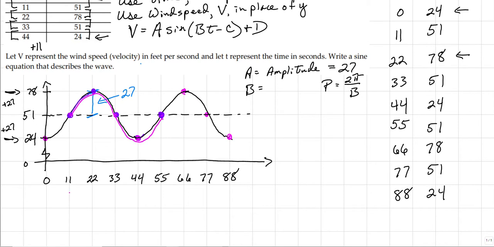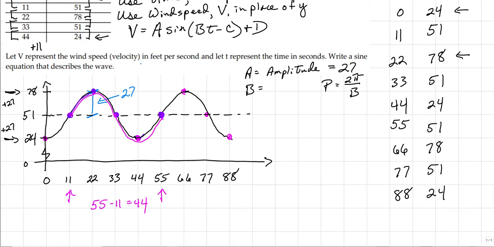And that means that I'm going from 11 to 55. And that means that the actual period is 55 minus 11, or 44.